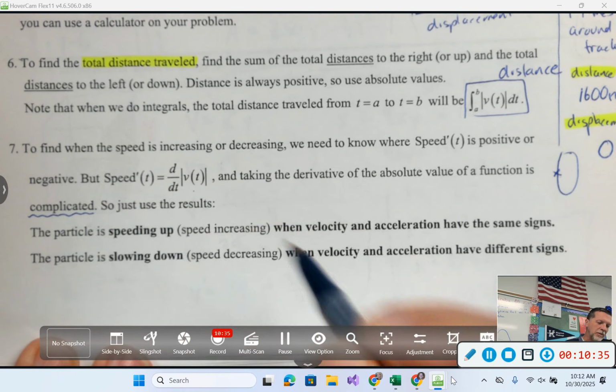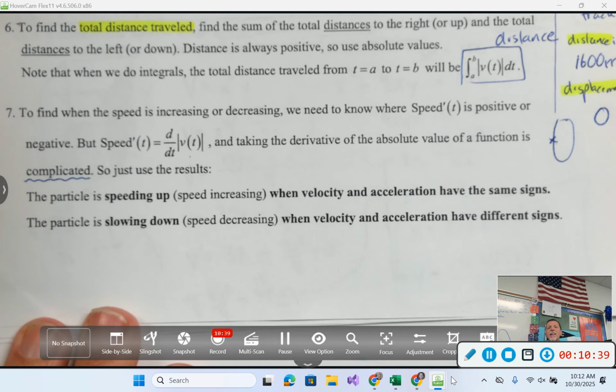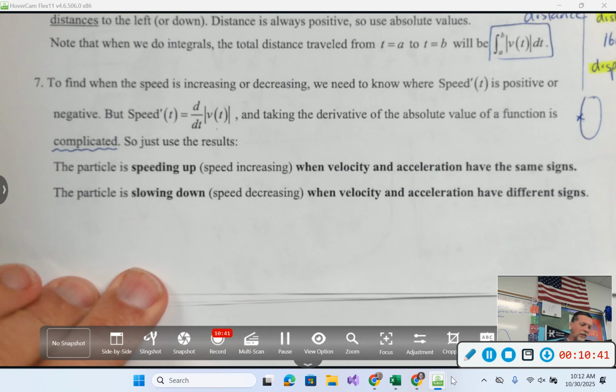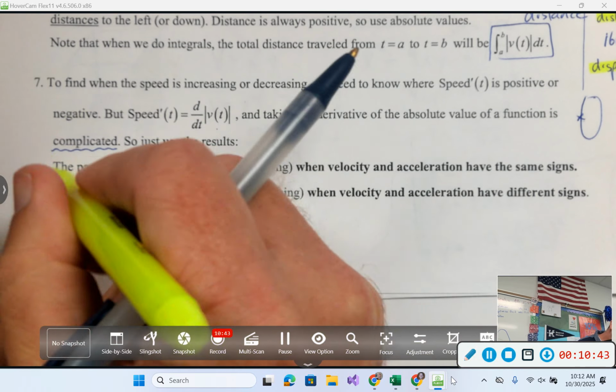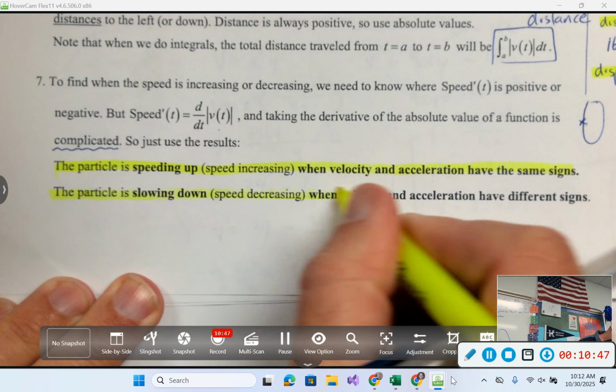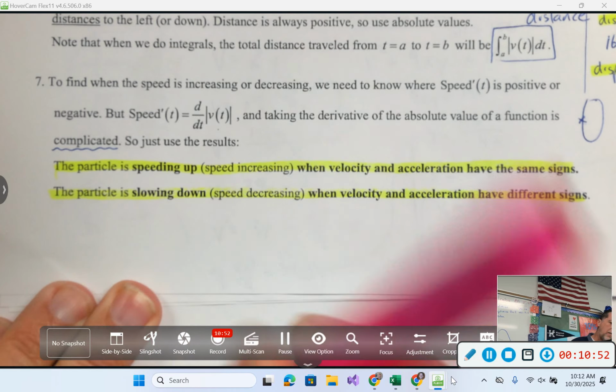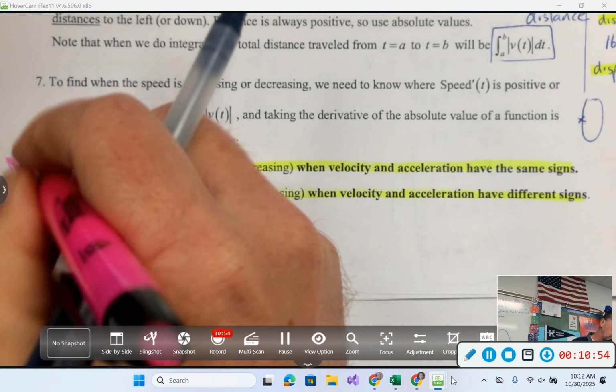So we don't really want to do it this way, because that would be a pain. There's a shortcut. You definitely have to know this. Shows up on the AP test, frequently in the free response questions even.